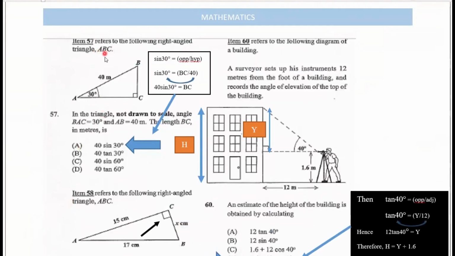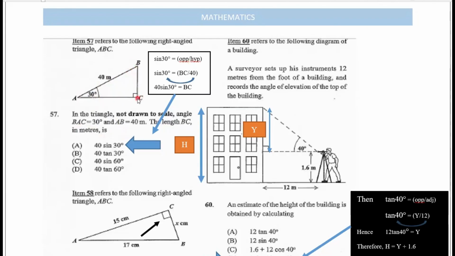57. For the following right angle triangle ABC, in the triangle not drawn to scale, angle BAC is 30 degrees. You can see it here, BAC 30. AB is 40 meters. Length BC in meters is what? Well, we can say sine 30 degrees, which is opposite over hypotenuse.